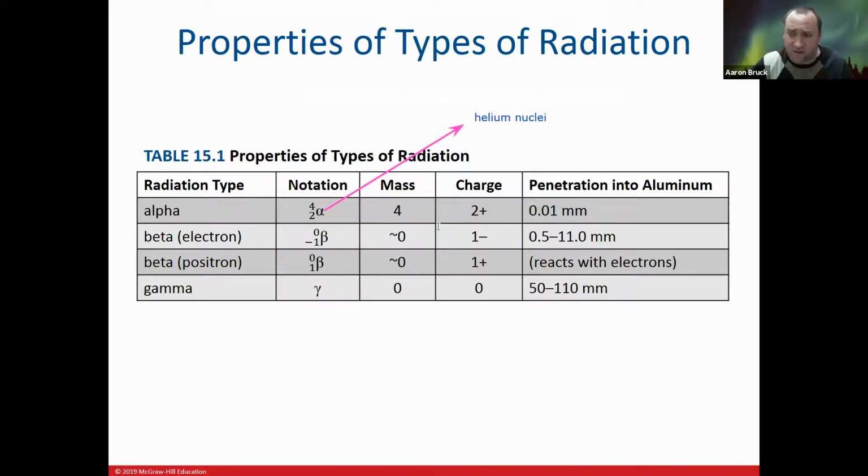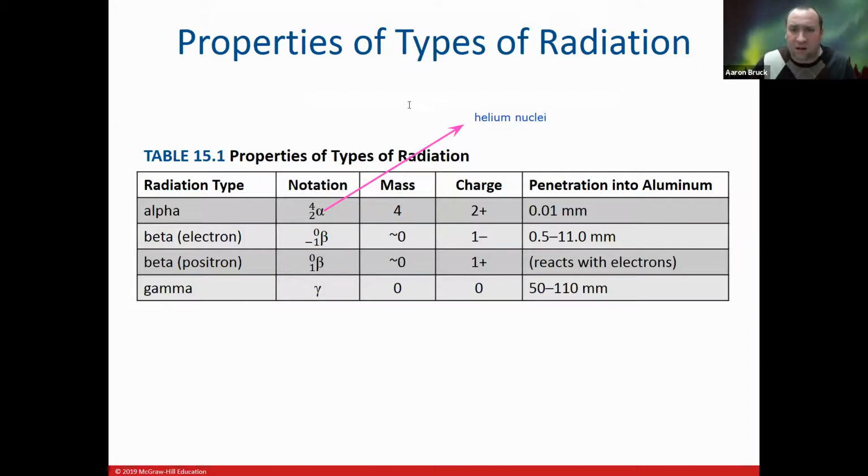It is massive by comparison, because again, we're comparing a helium nucleus to an electron. The scale is very, very large. We're talking about a particle that's nearly 7,500 times more massive than a beta particle. So when it encounters you, it's going to hit you with some significant impact.